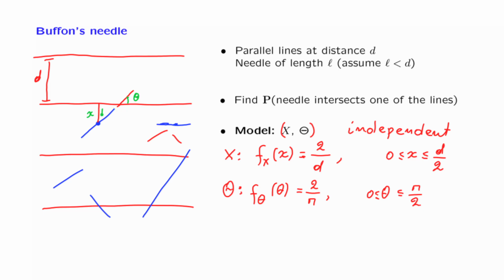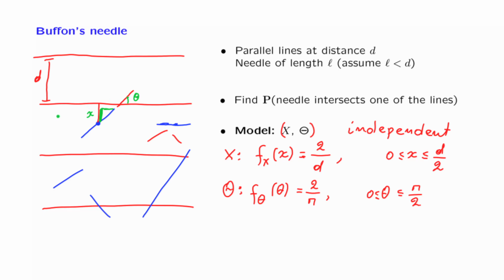Let's see how far the needle goes in the vertical direction, which is the length of this green segment here. In this example, the vertical extent of the needle is less than the distance from the next line, and we do not have an intersection.